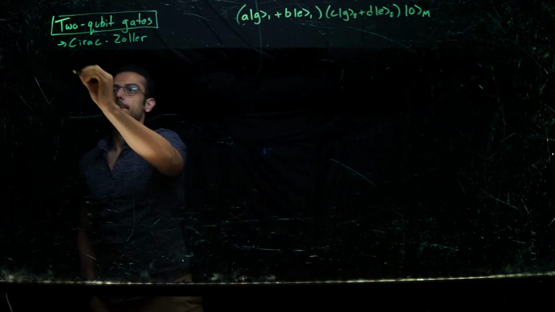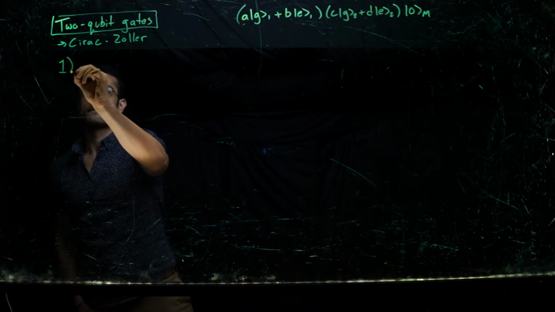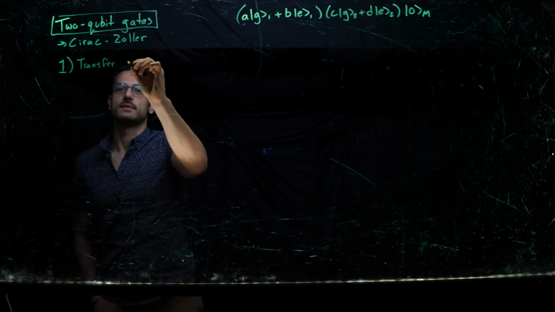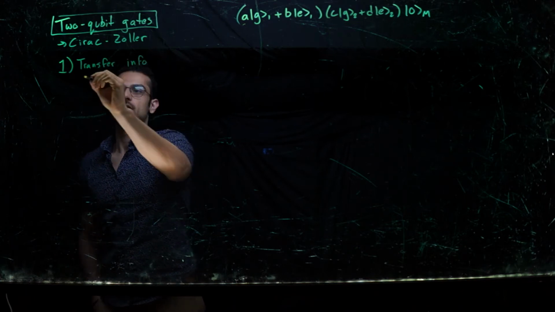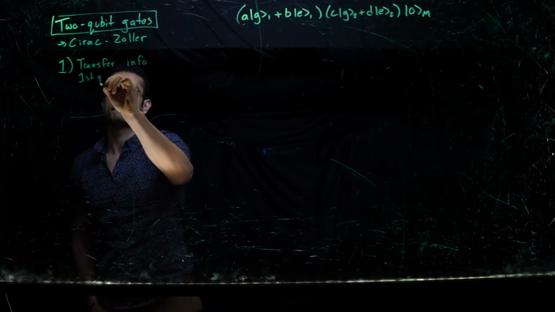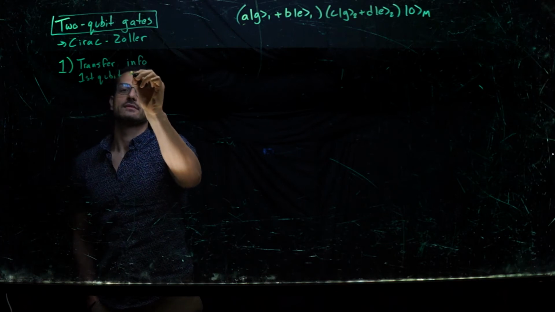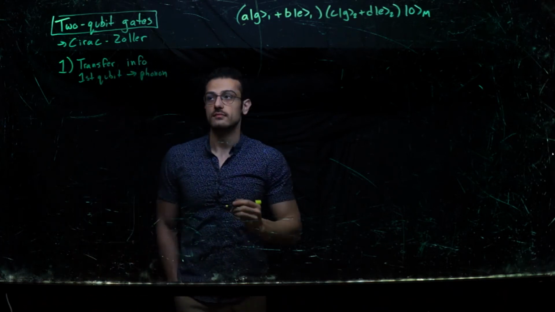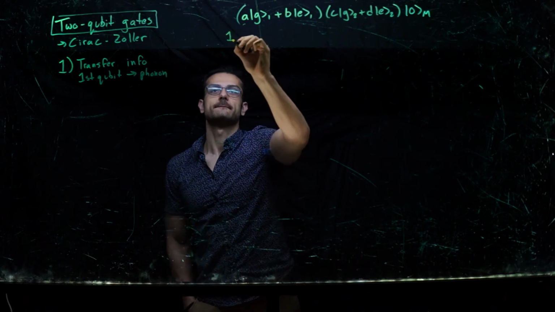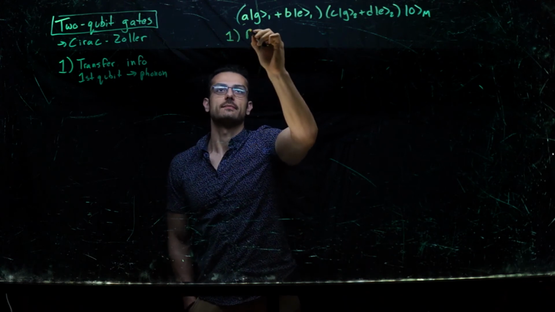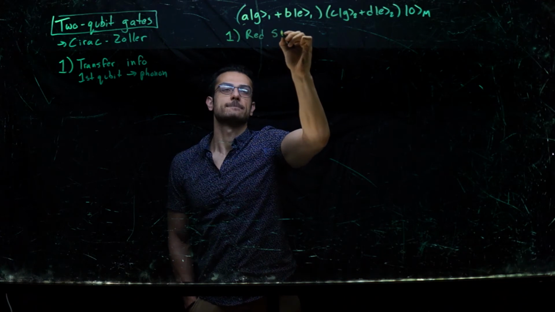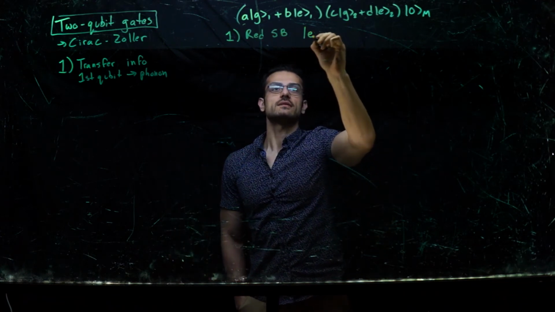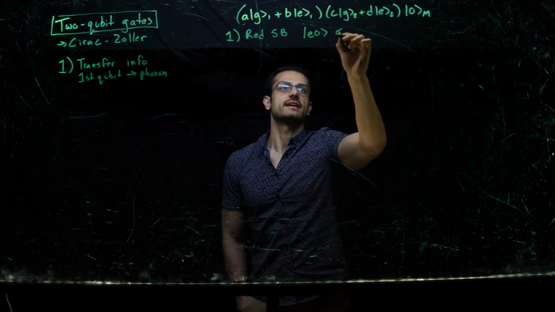The first step consists of transferring the quantum info from the first qubit to the phonon. And so we can do that with a red sideband pulse. So recall that a red sideband pulse will couple these states.